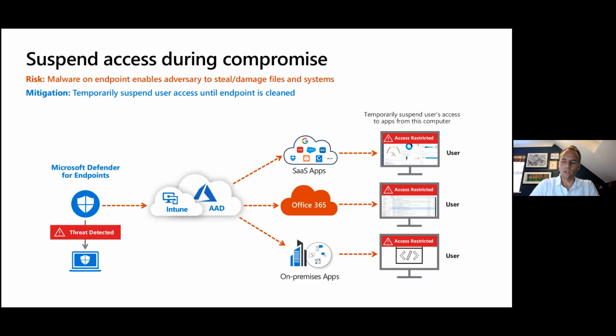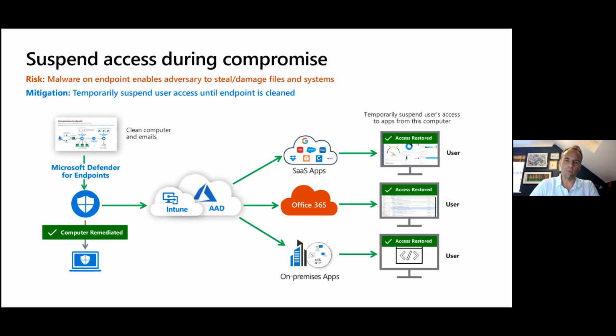And then once remediation happens on that endpoint, it will clear the machine risk score on that device. MDE will then talk back to Intune. It'll become compliant again, and Intune will talk to Azure AD to clear out that risk score. And then the next time that user tries to access any of those SaaS apps or Office 365, they'll have access back into those services.